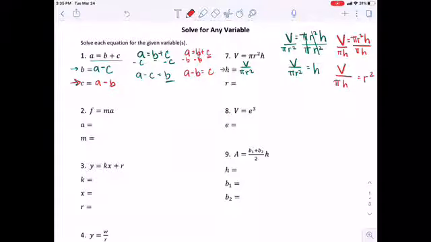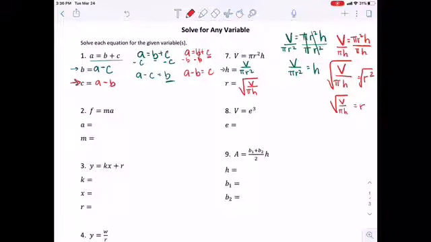Now remember that to undo a second power, we use a square root. So I'm just going to square root on both sides, and that gives me that the square root of V over pi h equals r. And r is now alone, so that will be my second answer. The square root of V over pi h.